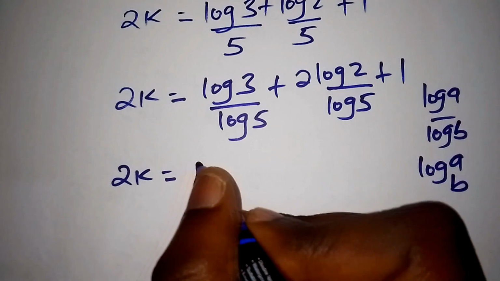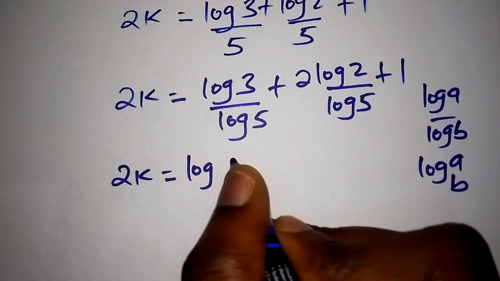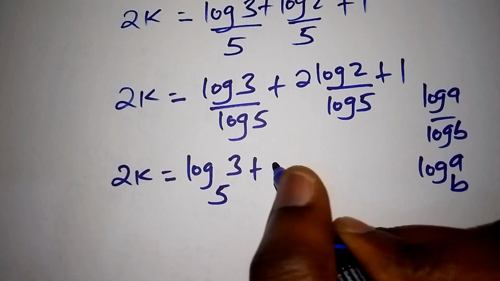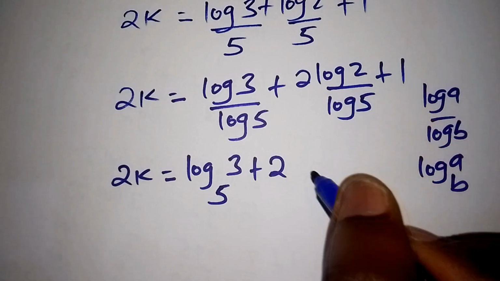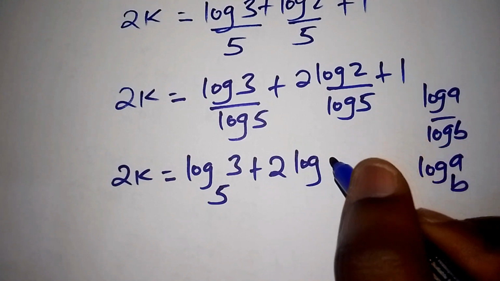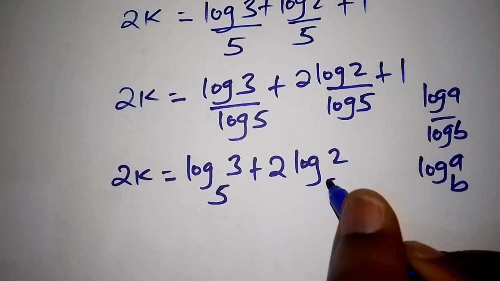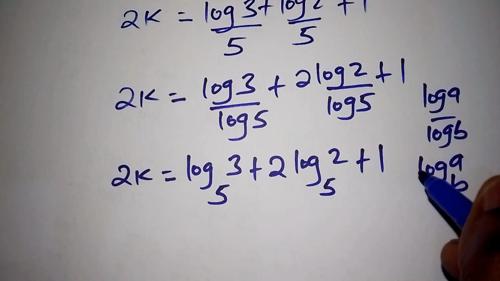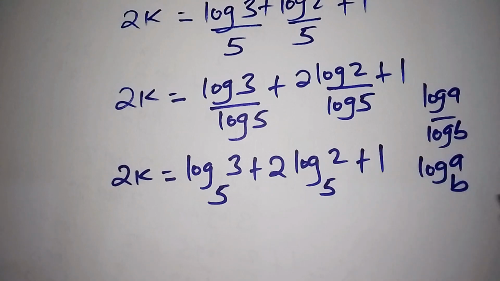So 2k is equal to the log of 3 to the base of 5, plus 2 times the log of 2 to the base of 5, plus 1.